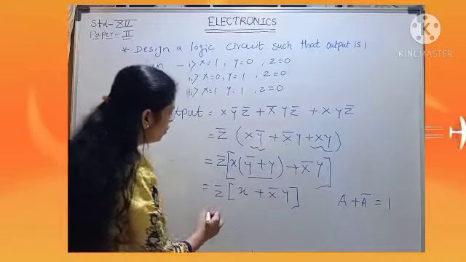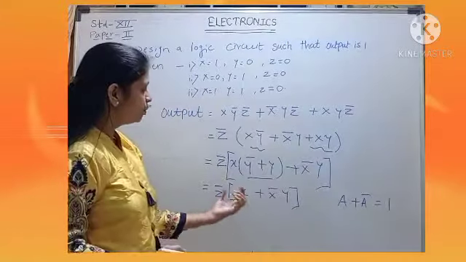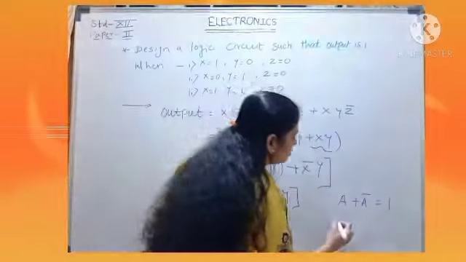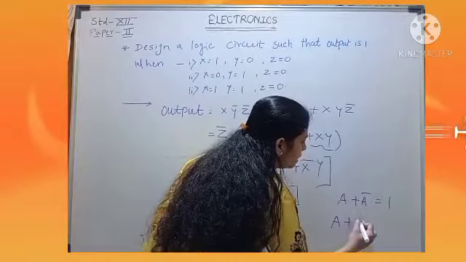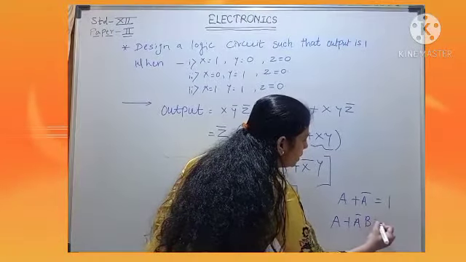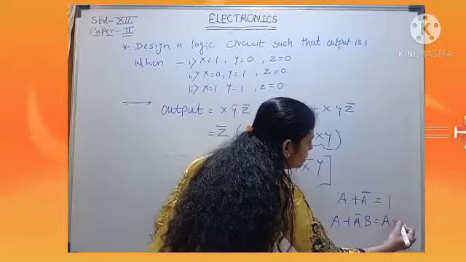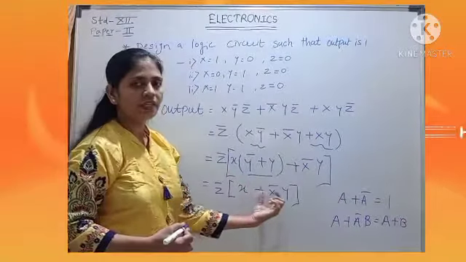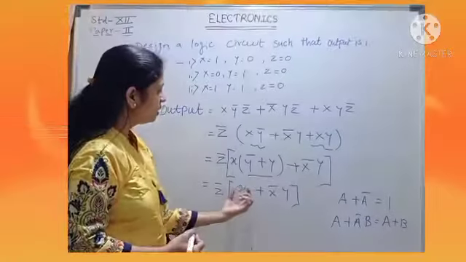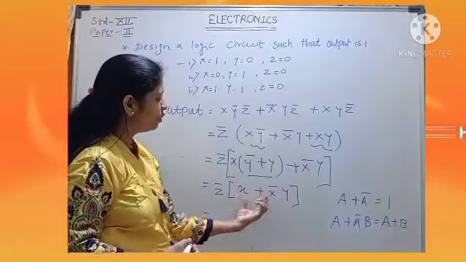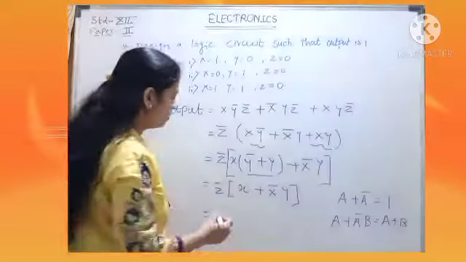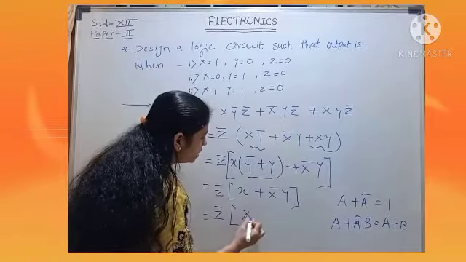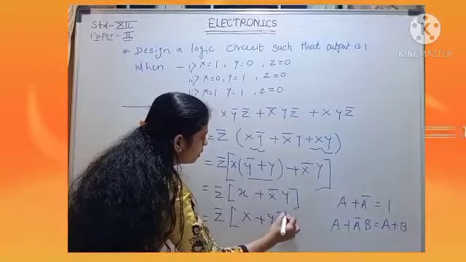Now, as we know the Boolean law, a plus a bar b is equal to a plus b. So here x plus x bar y means here we can substitute the value as x plus y. So z bar into x plus y.